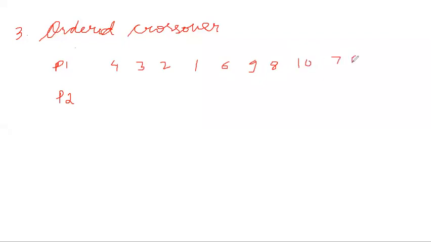I'm going to take the same parents which I used in the last example. The next is 9, 1, 5, 6, 8, 4, 2, 3, 7, 10. So this is what I'm going to have.